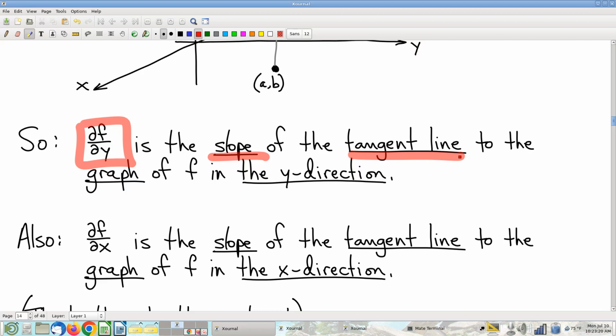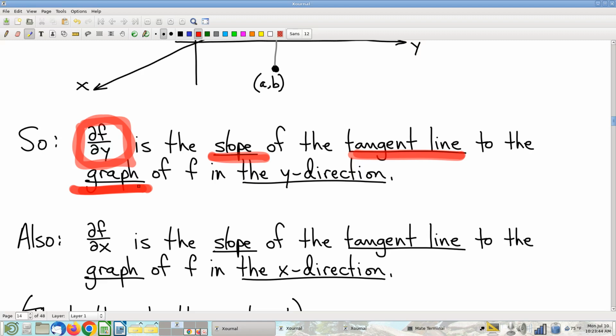So just to finish the thought though, partial with respect to y, yes, it's the slope of the tangent line. We do have to be a little bit more specific here. The tangent line to the graph of the function we're looking at. You've got to make sure you're clear. This is only if we're talking about a graph, because we assumed that heavily in the analysis of the picture we just made.